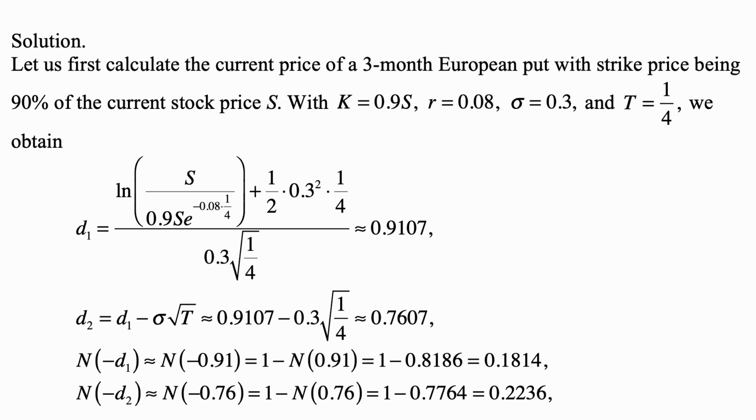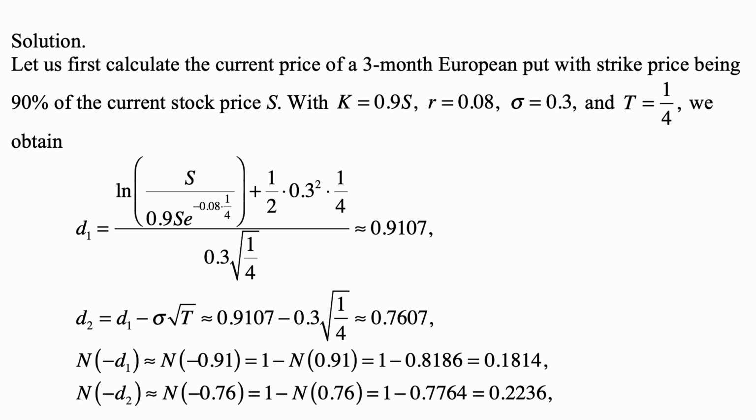We obtain d1 in the Black-Scholes formula equal to the natural logarithm of S, no dividend involved, so this is the prepaid forward price of a stock, over 0.9 S times e to the minus 0.08 times 1/4, that's the present value of exercise price, plus 1/2 times 0.3 squared times 1/4, over 0.3 times the square root of 1/4. You can see that S cancels, so we can calculate this to be approximately 0.9107.